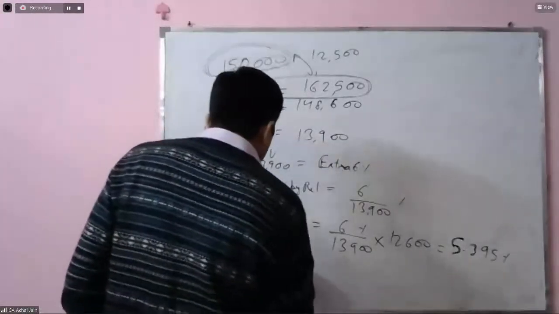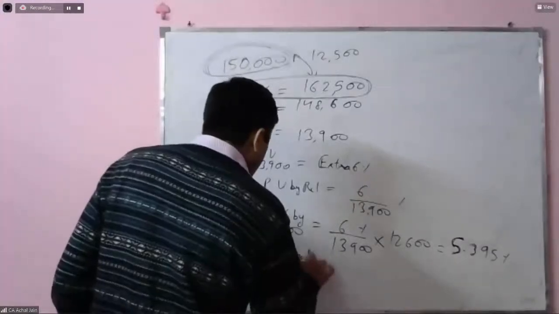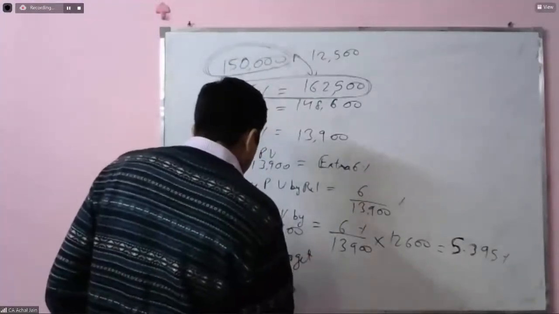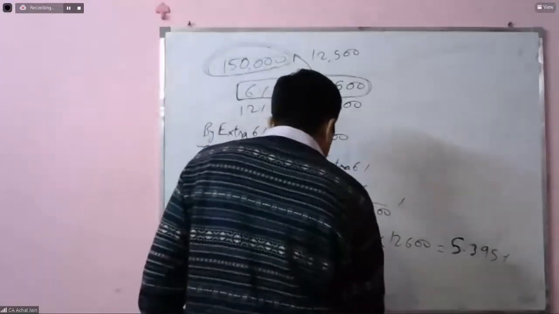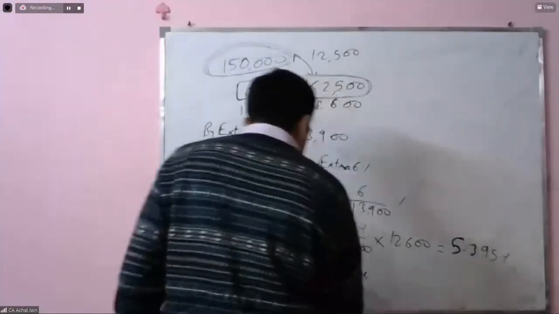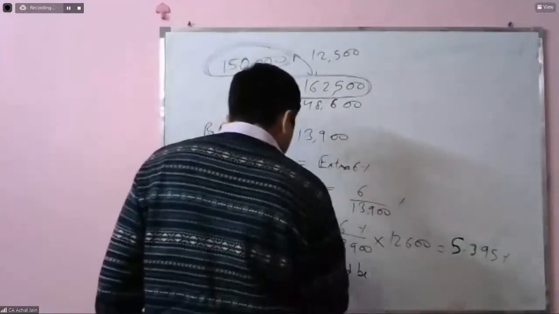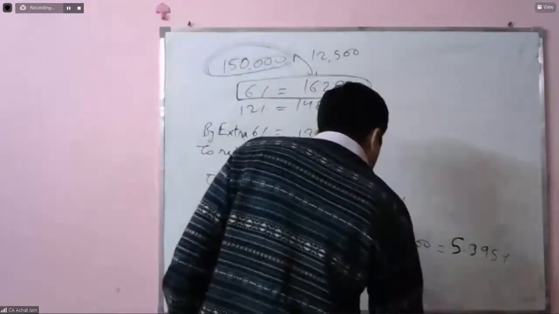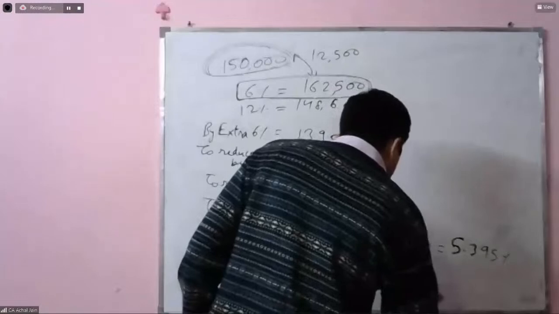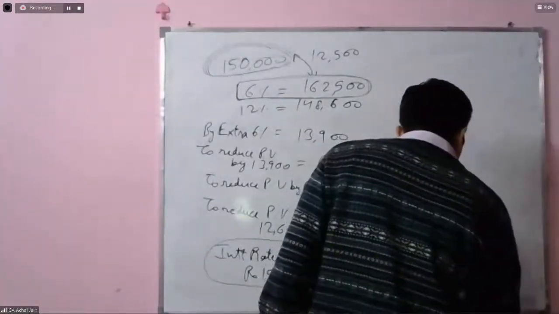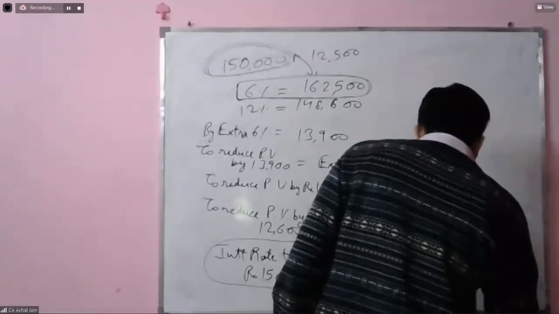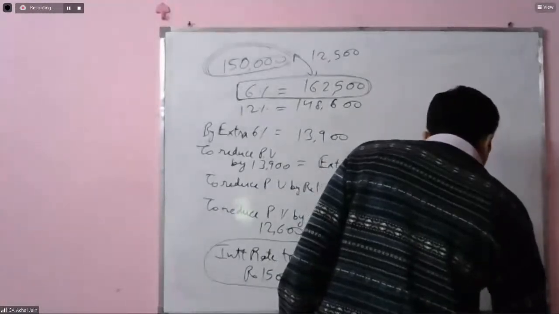The interest rate to get rupees 1,50,000 should be 6% plus 5.395%, which becomes 11.395%.